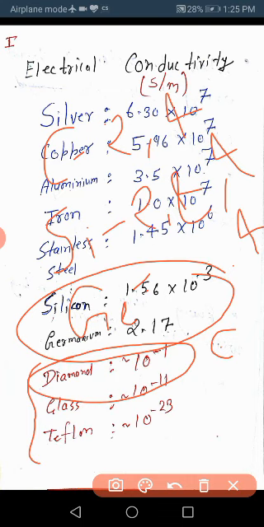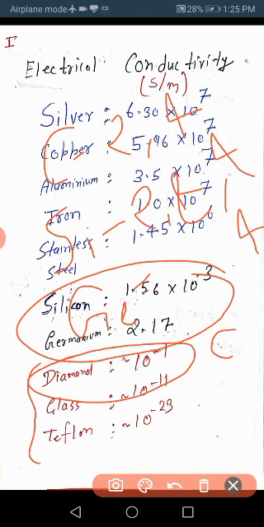This is because of a different molecular structure, and right now our question is very simple. Diamond, which is an allotrope of carbon, the solid form of carbon, why is it in the category of insulators, and silicon and germanium, which are also from group 4, in the category of semiconductors?